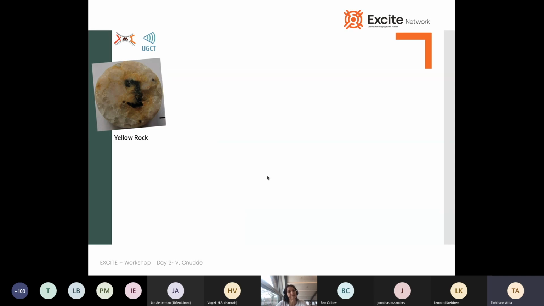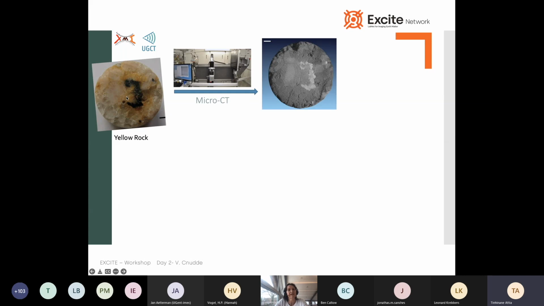So what we did in the past, for instance, here we had a rock, and even on the macroscopic figure, you can see that you can distinguish features. If you scan this with CT, you get different gray values, which you know are particles with different chemical and density differences, but you do not know which one.